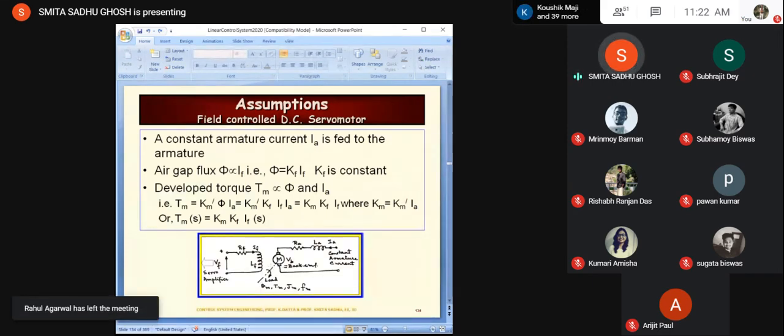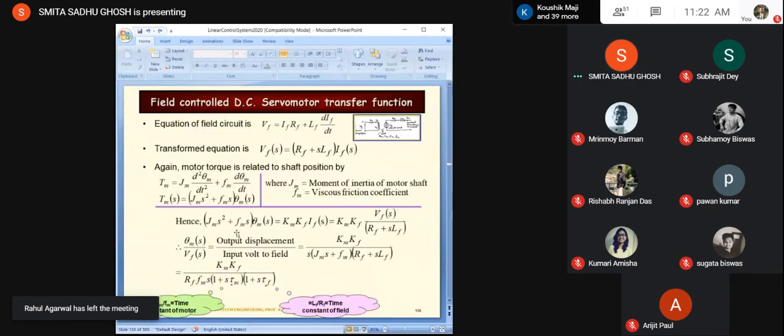So that is going to be written now, and that would be Tm is equal to moment of inertia of the motor into double derivative of the motor position plus Fm, that is the viscous friction coefficient, into derivative of theta m.